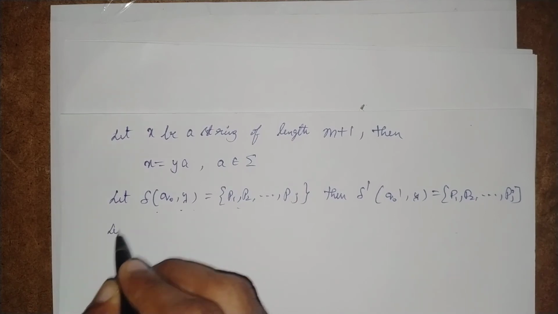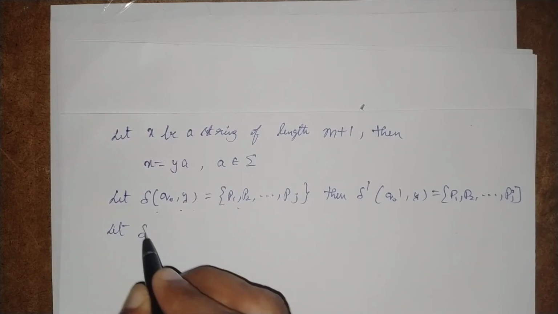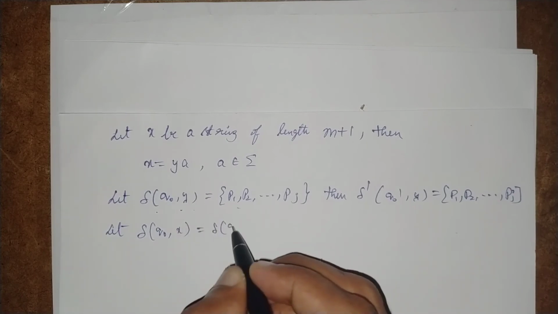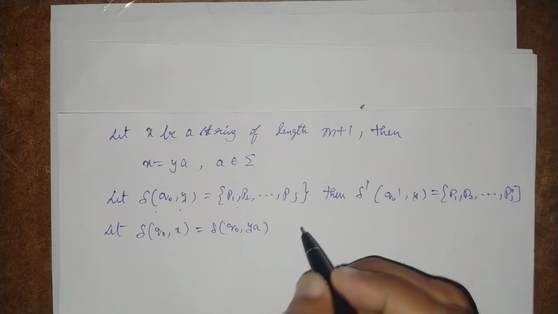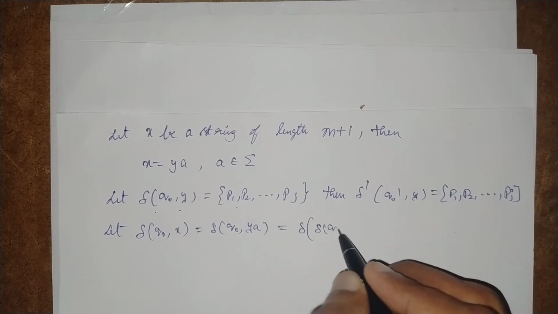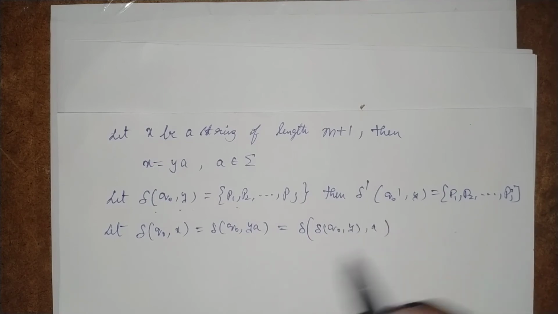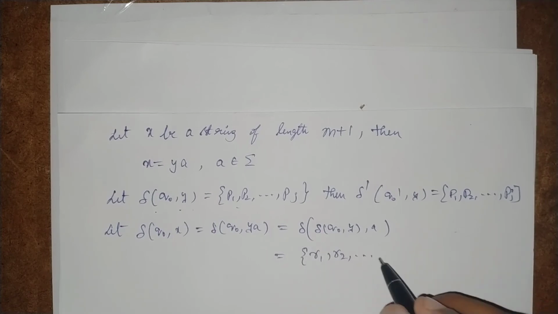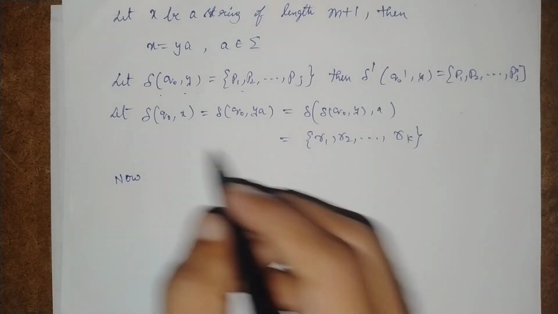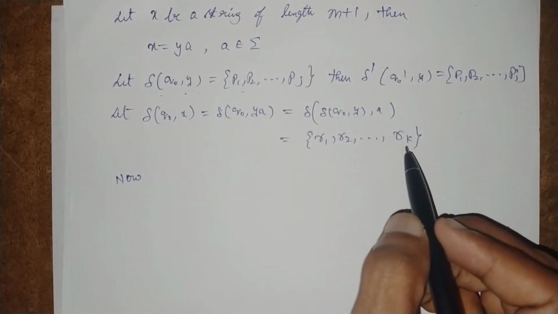So let delta of Q0 comma x be equal to delta of Q0 comma wy, which is equal to some set R1, R2, and so on, Rk. Here R1, R2, Rk are some notations.